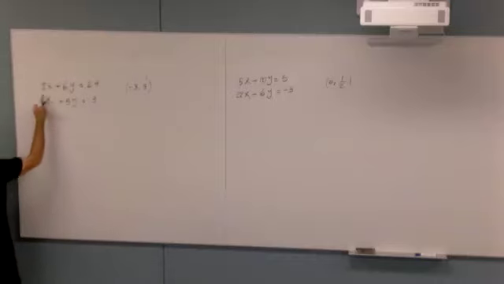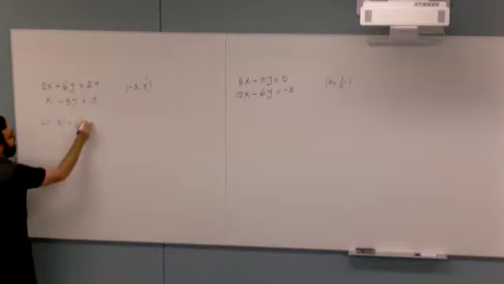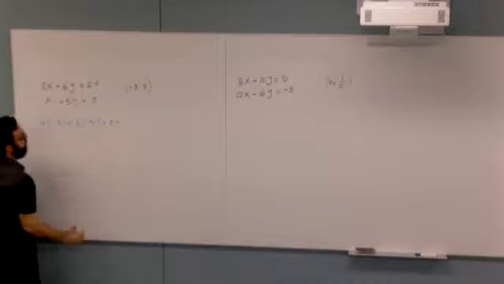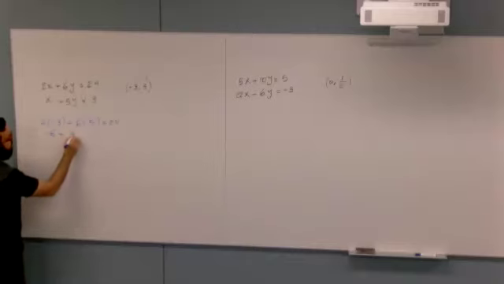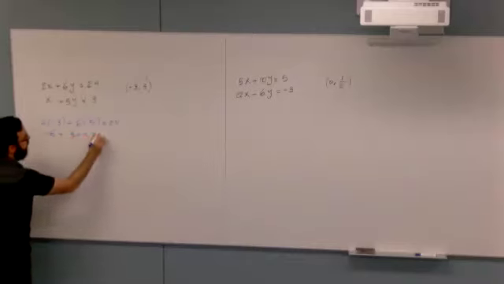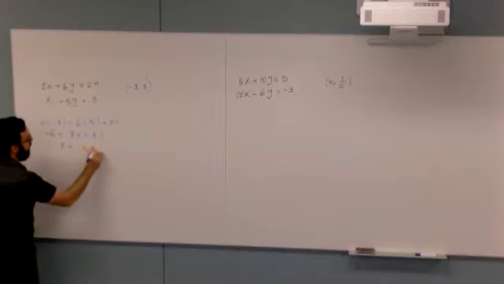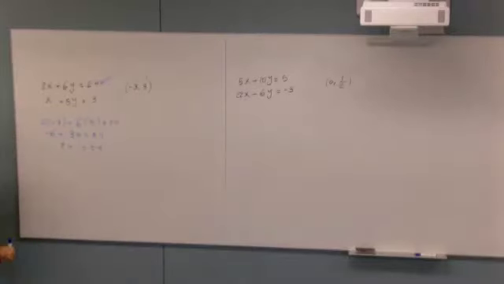That means if I plug in -3, it's gonna be 2 times -3 plus 6 times 5. Is that equal to 24? 2 times -3 is -6, plus 6 times 5. Is that equal to 24? Yes, this one is 24, which means equal to 24. So it satisfies the first.